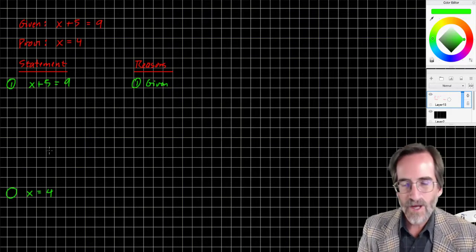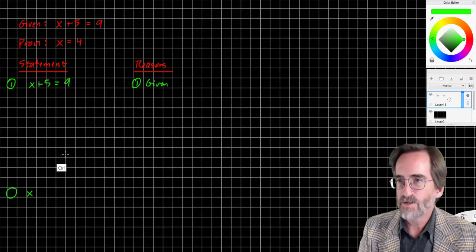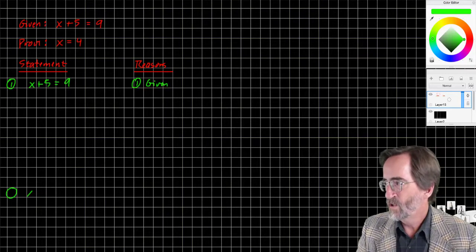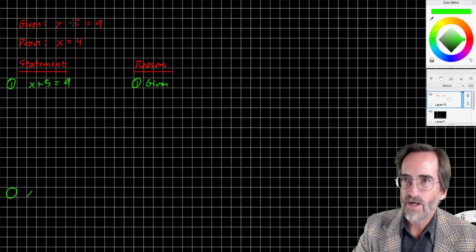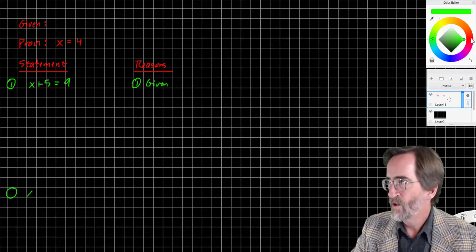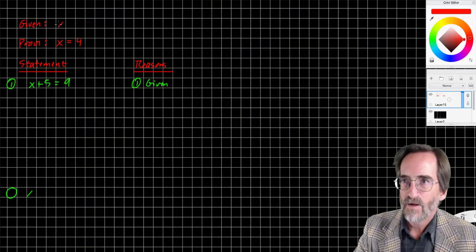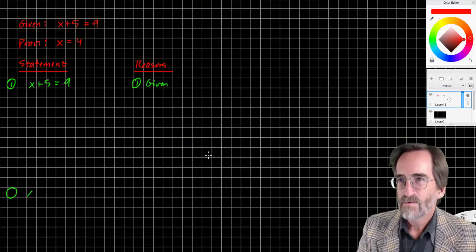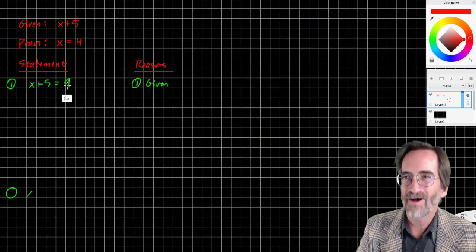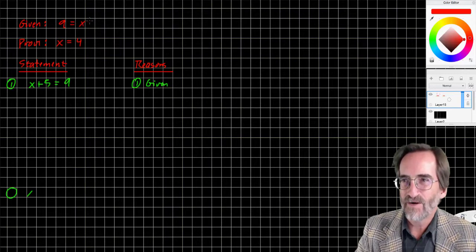All right, and actually I'm going to complicate this just a little bit. I'm going to change something. Instead of x plus 5 equals 9, I'm going to say 9 equals x plus 5, because I want to put in one more step here to clarify something. It's just the same thing I wrote; I want to switch the order around. 9 equals x plus 5.